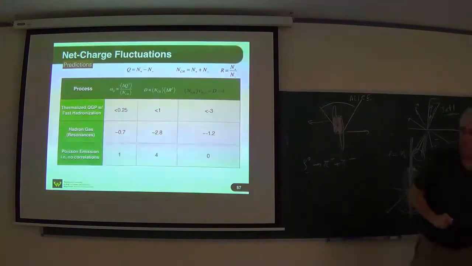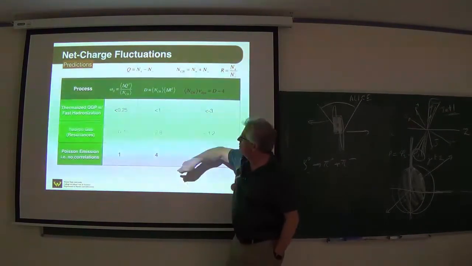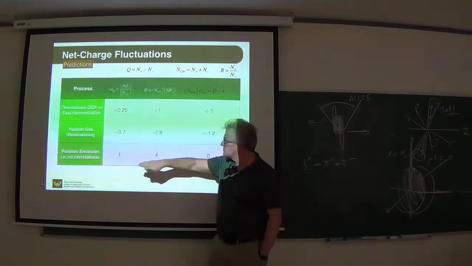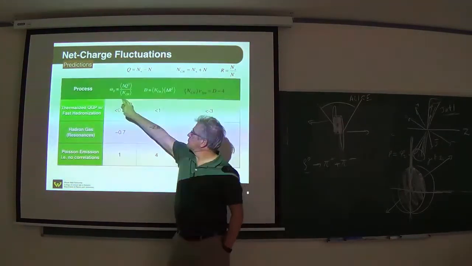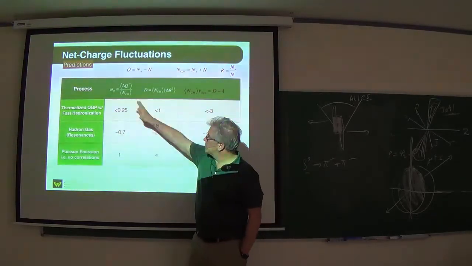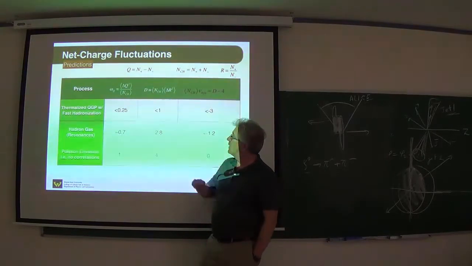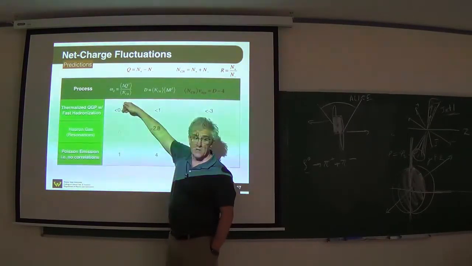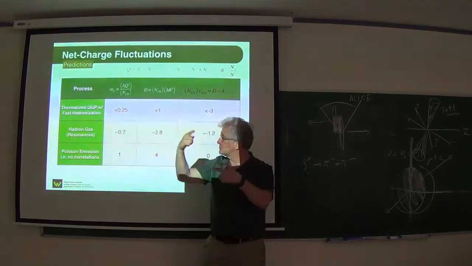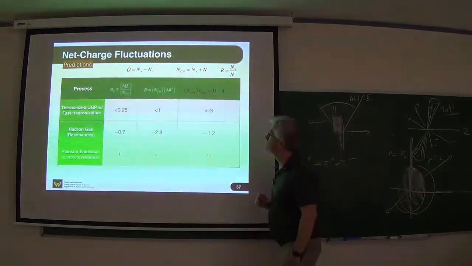The predictions are shown here in terms of omega, in terms of D. If you have Poisson emission, this variable will be 1. If you have a hadron gas, the value was predicted to be 0.7. And if instead you have a thermalized QGP, just by virtue of going from ±1 to ±1/3, 2/3, this would be very much suppressed.